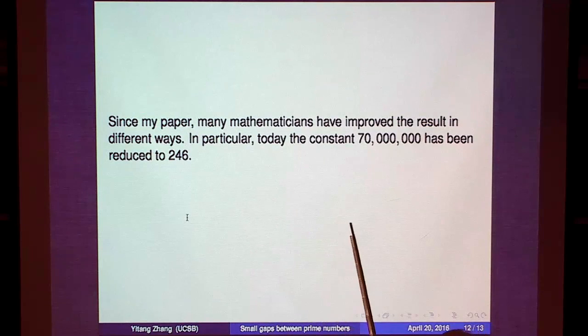Then let me say again, because someone may ask me a question, why you choose the 70 million? First, let me say this number has no special meaning. If I choose the 100 million or 120 million, that also works. But at that time, I tried to get a bound as small as possible.